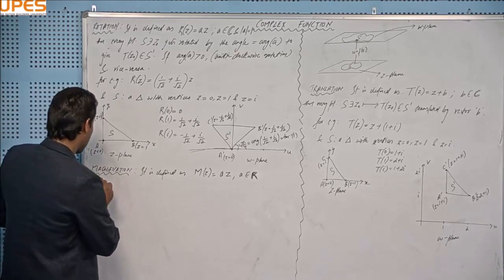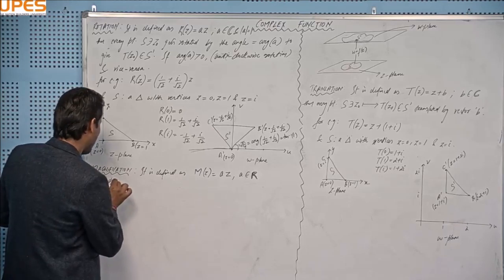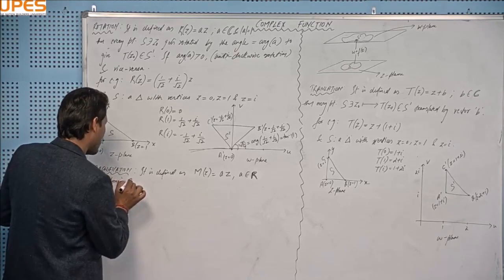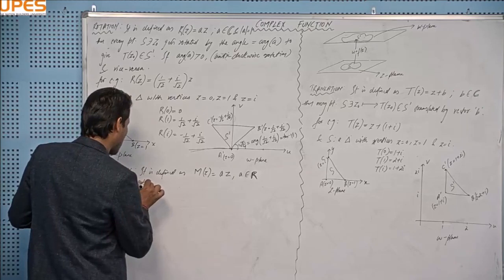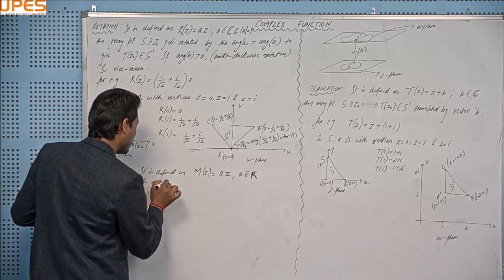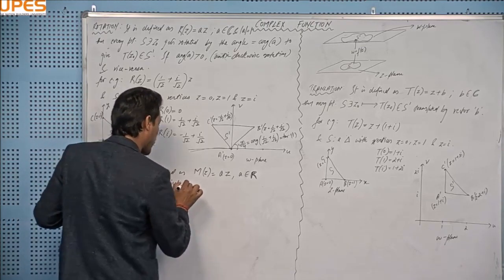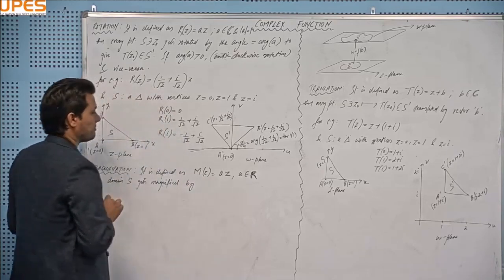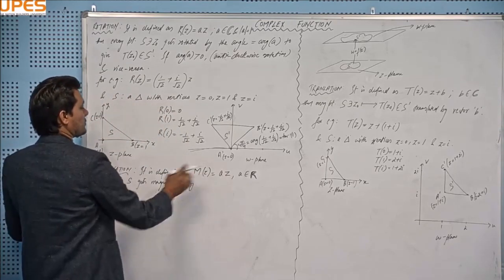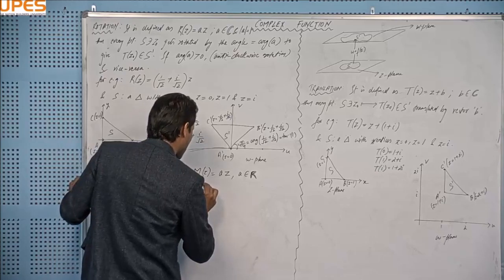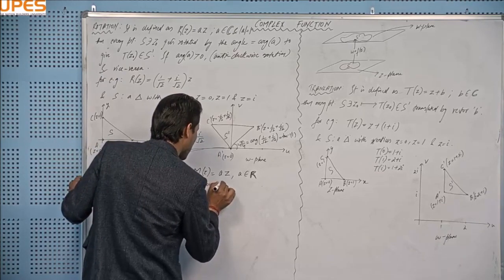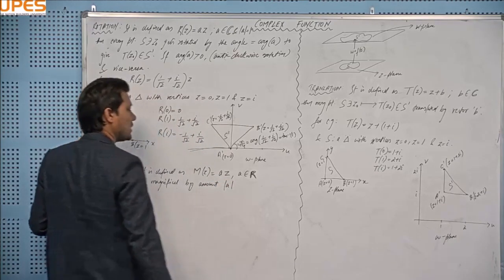Then in that case, the domain S gets magnified by the amount mod of a, right?